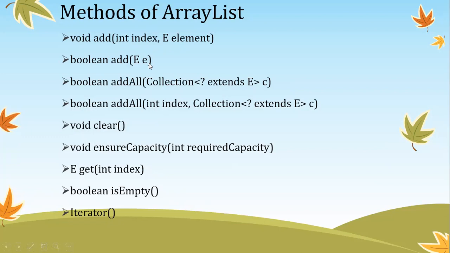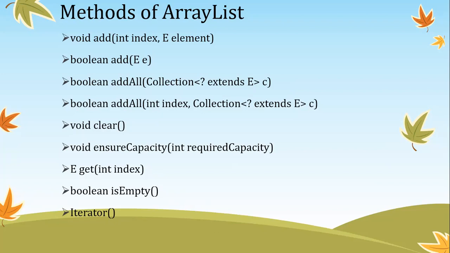It is used to append the specified element at the end of a list. Boolean addAll is used to append all of the elements in the specified collection to the end of this list, in the order that they are returned by the specified collection's iterator.